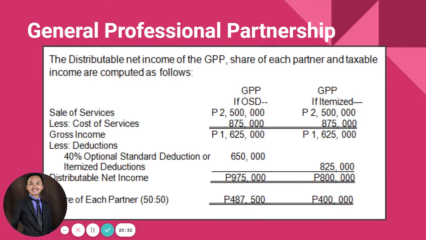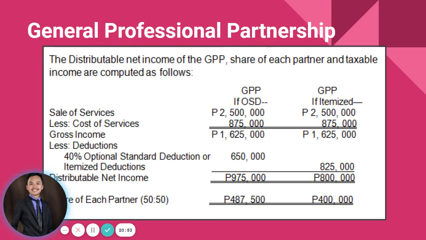Okay? So, what will be our rule if there are expenses which are part of the operation of the partnership but weren't able to be included in computing the distributable income of the partnership, but were incurred by the partners?